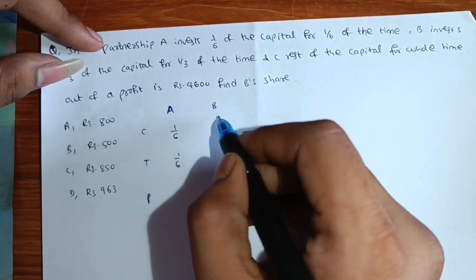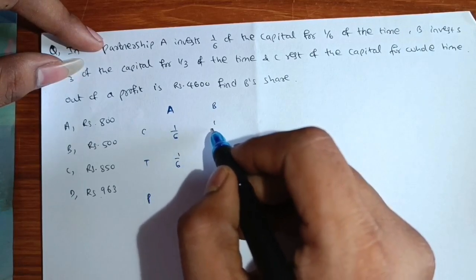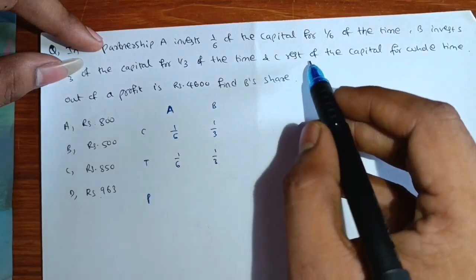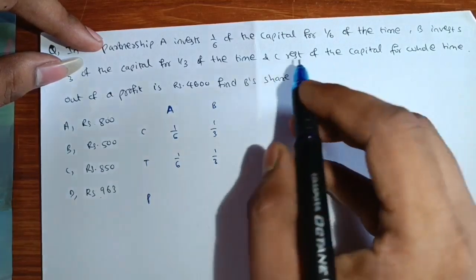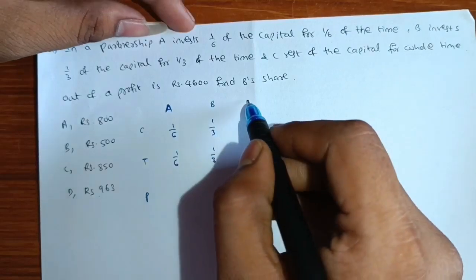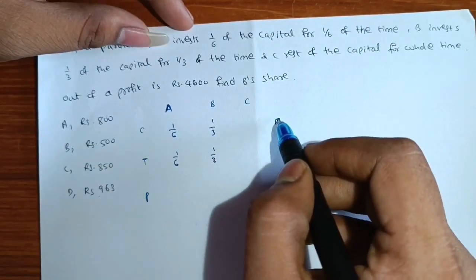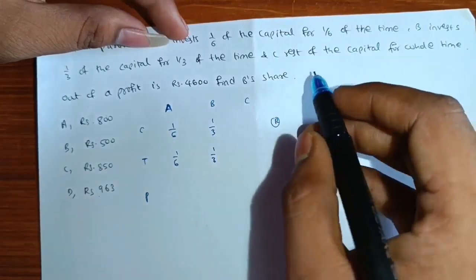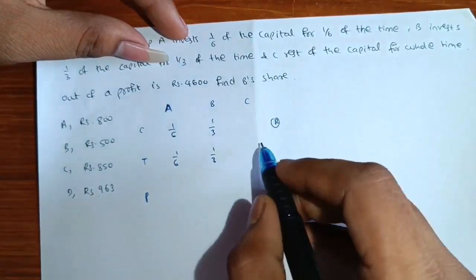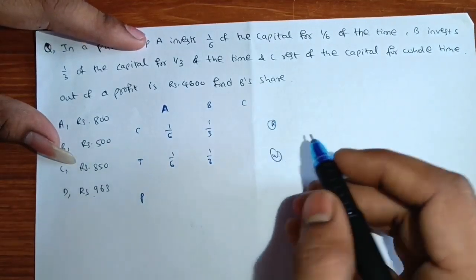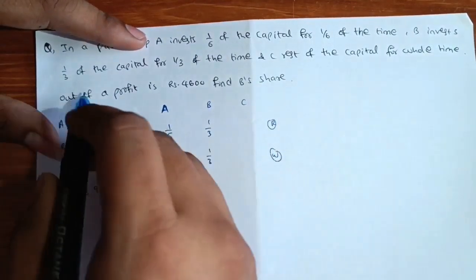C invests the rest of the capital for the whole time. I will explain the rest of the capital shortly.